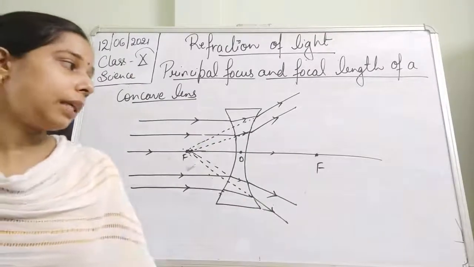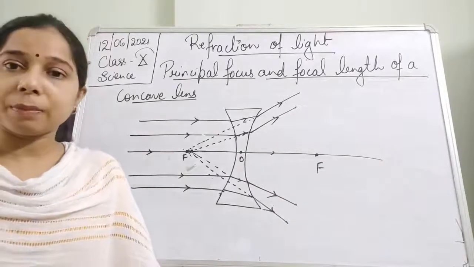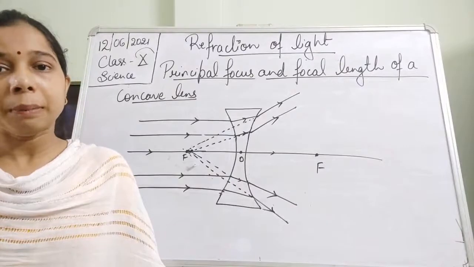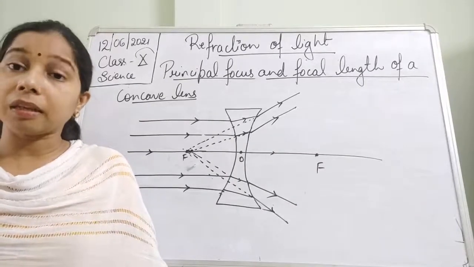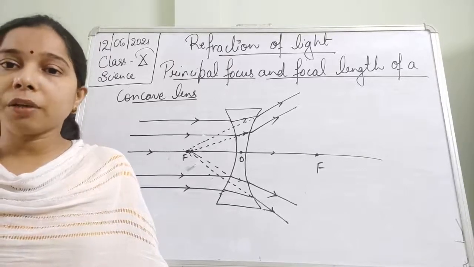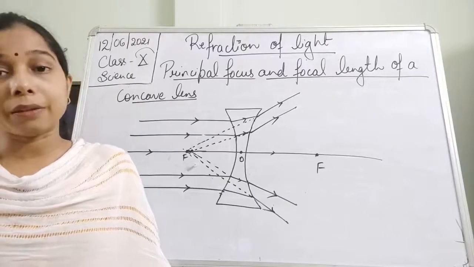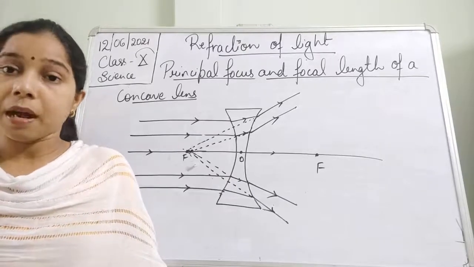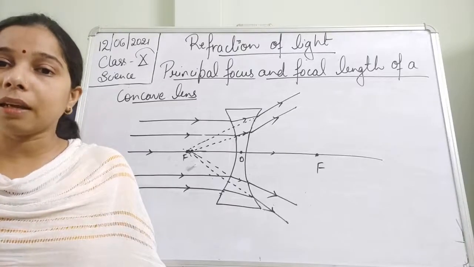Here you can see that the rays of light which are parallel to the principal axis, after refraction, appear to meet at a point. Actually they do not meet, but they appear to meet. Such a focus is called a virtual focus because they diverge, they do not meet at a point. But yes, this is the principal focus of the concave lens.